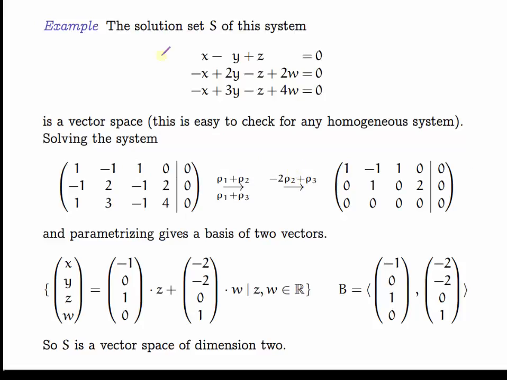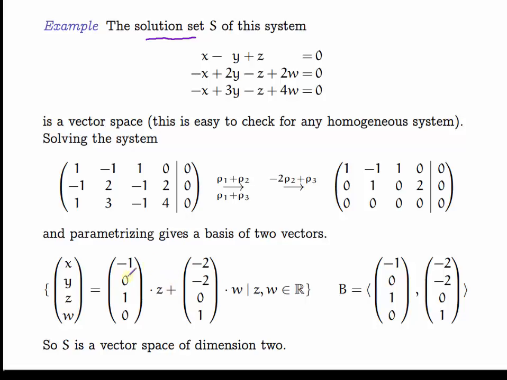Here's another example that comes from a system of equations. The solution set of this system is a vector space. We did some exercises where we checked that such systems' solutions have the property that they're a subspace. If we solve the system and parameterize, we have two vectors as a basis. I won't go through the steps, you can do the algebra.